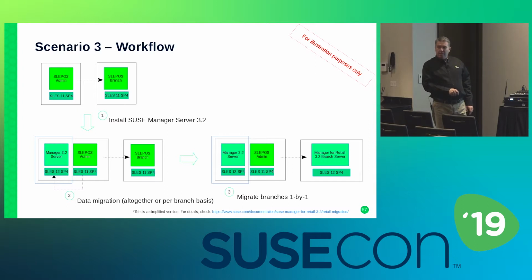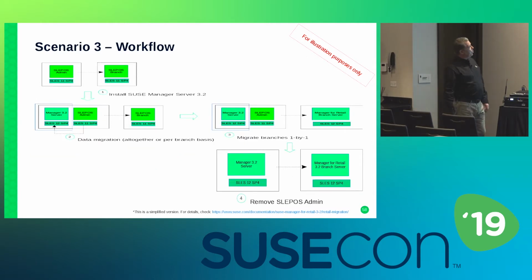You can install that, but obviously once you deploy the retail components, that will be your DNS, DHCP, and your PXE, then you obviously need to worry about what happens in the store. So that's where you've got to be careful. And then the way you migrate is you do one branch at a time, and once you're done, you get to a point where you've done all the branches, so you basically just shut down and decommission the admin server.